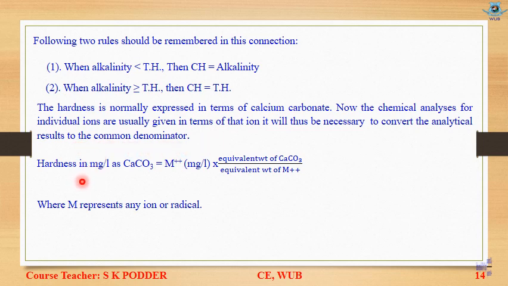That means if you want to find out the hardness in milligram per liter as calcium carbonate, you can easily find out: M to the power n plus, that is ionic form, milligram per liter, multiplied with equivalent weight of calcium carbonate divided by equivalent weight of that material, where M represents any ion or radical. So equivalent weight of that radical or ion.